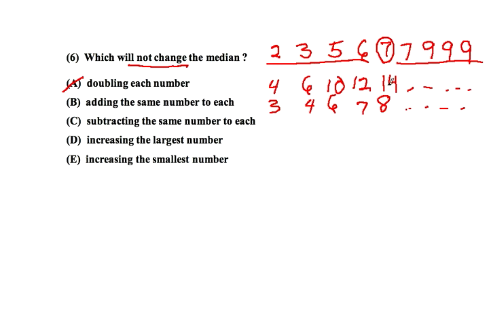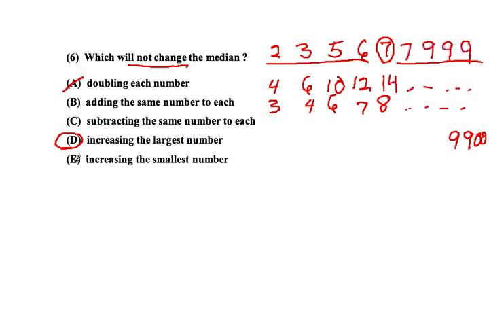Increasing the largest number, well, as we saw in the last problem, if we make this instead of 9, 99 or 9900, it's not going to shift that. So that would be our answer.